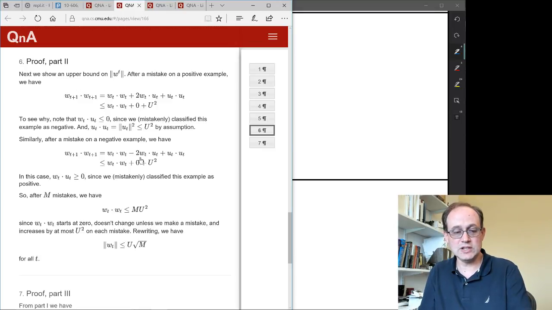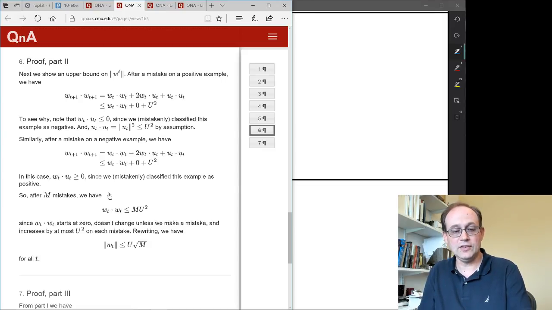And so we get wt.wt minus 2wt.ut plus ut.ut. The only thing that's different now is that we know that wt.ut is positive, because we classified this example as positive. And so when we subtract it, we are subtracting a positive number, which is less than 0. And so we get the same bound on how much wt.wt changes.